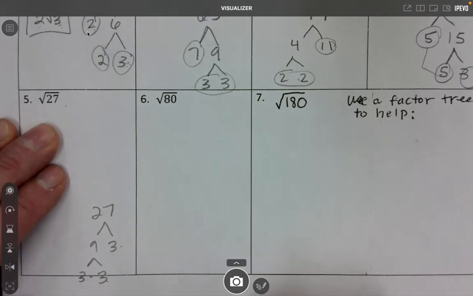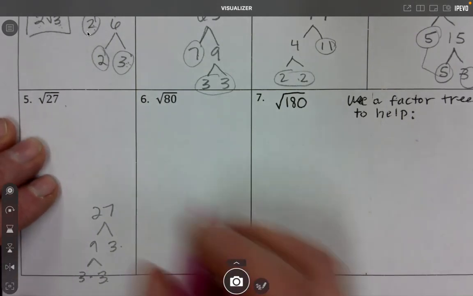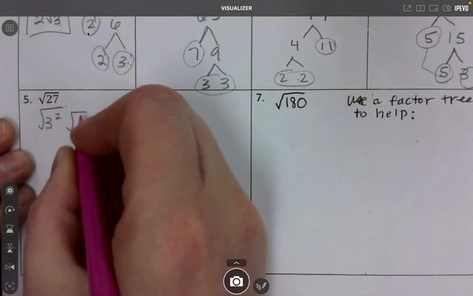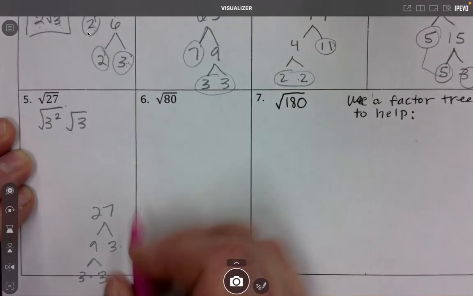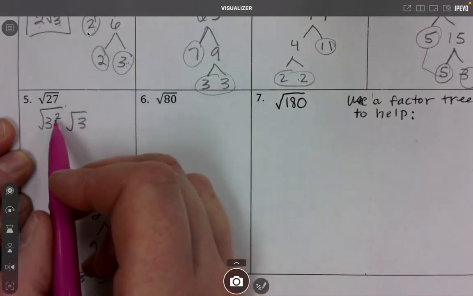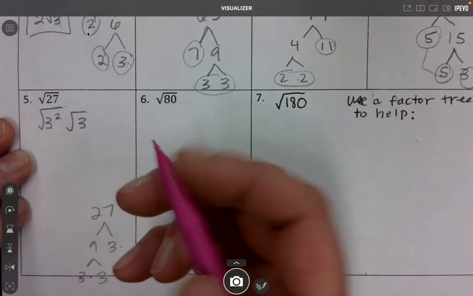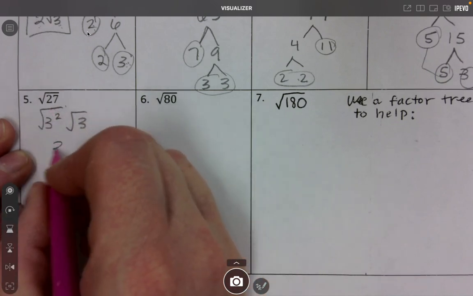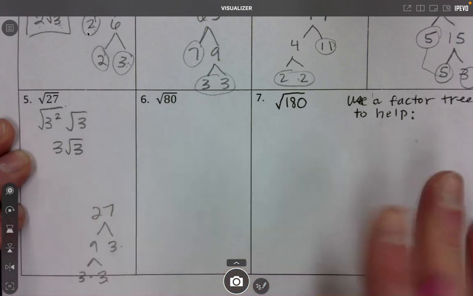I need something that's squared because a square root will undo a square. So I'm going to write this as a 3 squared and then another square root of 3. So this one will have to stay inside the jail. You've got to have a square in order for the square root to undo it. So if I have a square root of a square, I just have a 3. So this is going to be 3 radical 3.